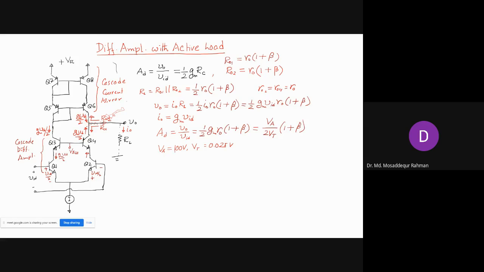Assuming VA 100, VT 0.025, and assuming beta also 100, that will give you about 200,000.